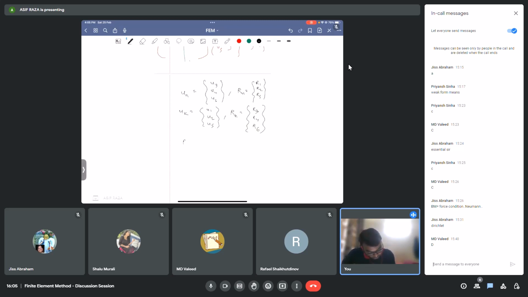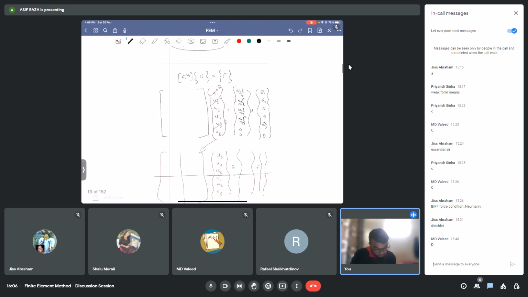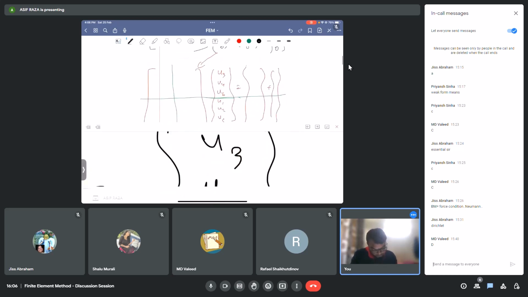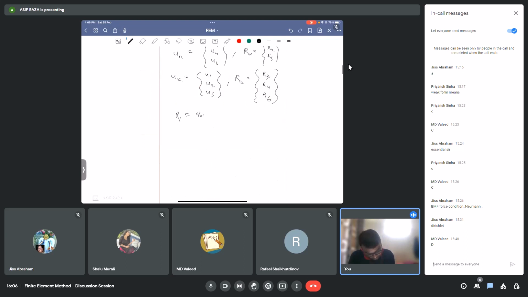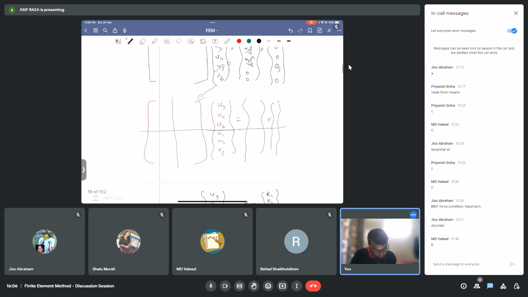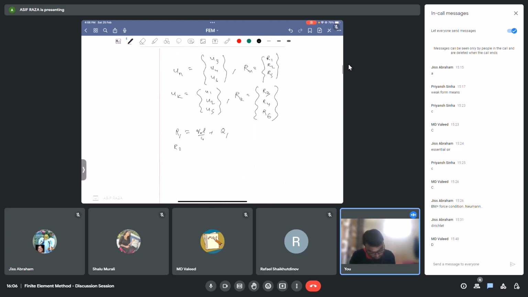And here you can observe R1 is equal to Q0 L by 4 plus Q1, right? R2 is minus Q0 L square by 48 plus Q2. R3 as Q0 L by 4 plus Q3.